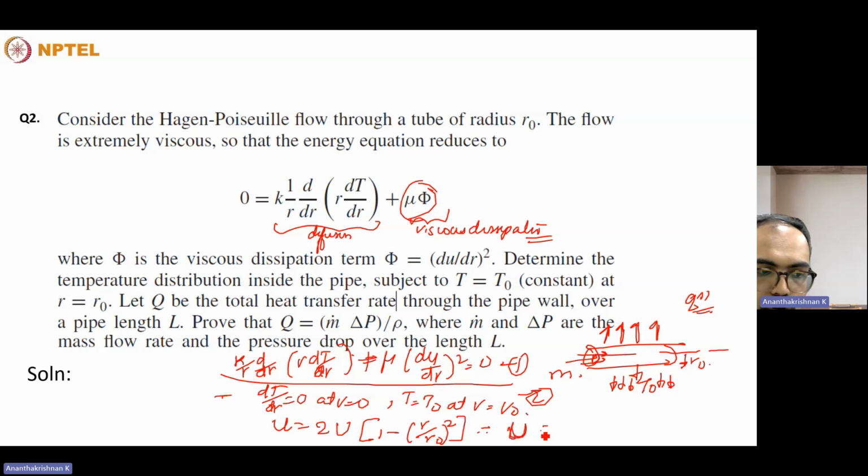This is one form of writing it, and the average velocity can be written in terms of the pressure gradient. That is equal to r outer squared divided by 8 mu into minus dp by dx. So this is from the Hagen-Poiseuille flow, denoted by equation 3. This is the velocity profile and the mean velocity.